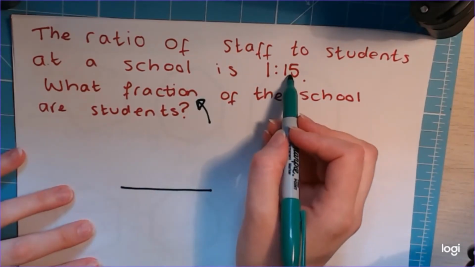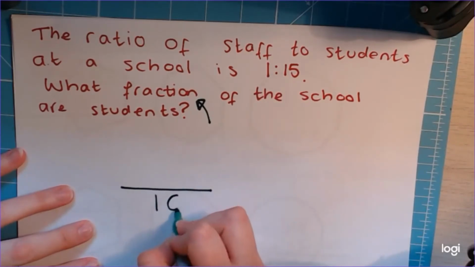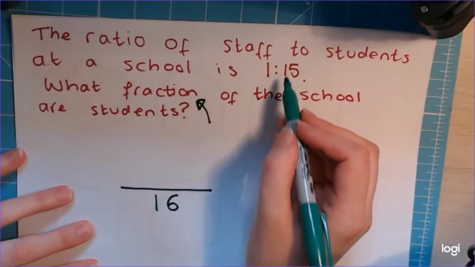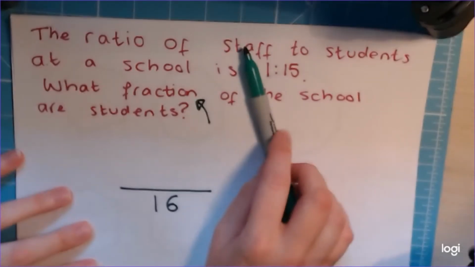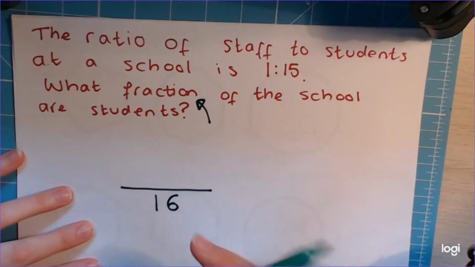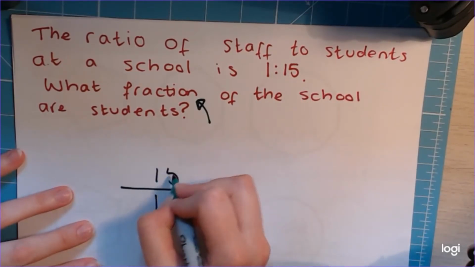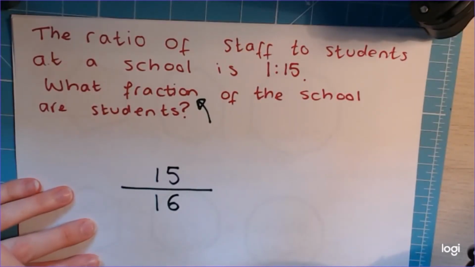So we've got 15 and the 1, so we've got 16 altogether. Okay, in our ratio, there's 16 altogether. And how many of them are students? Remember, the staff is the first number, so that's the number 1. And the students come second, so they're the 15. So the proportion of the school that are students is 15 out of 16.